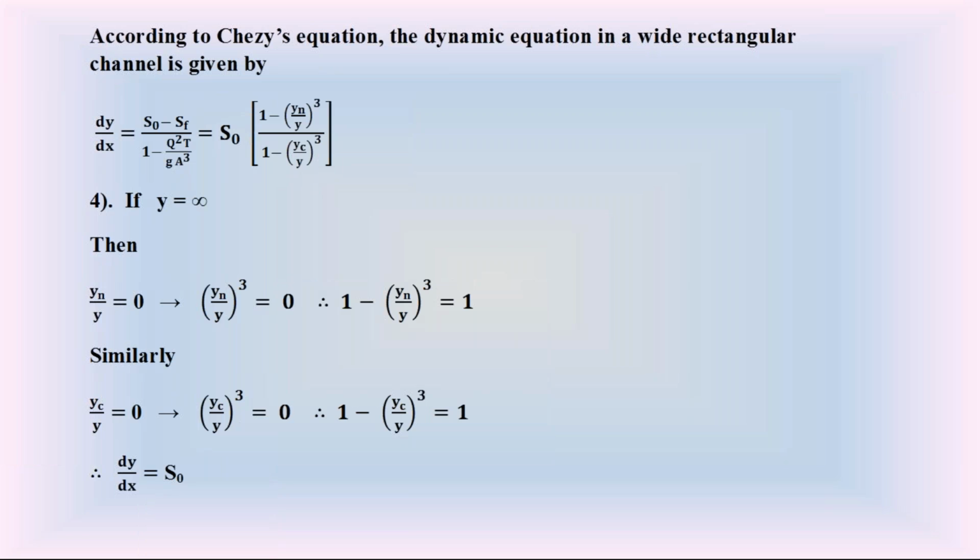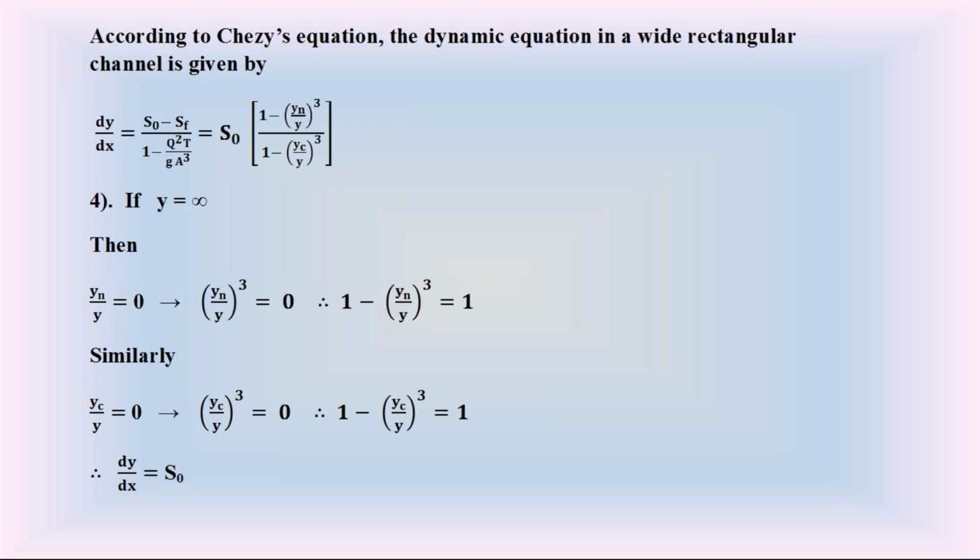Then the fourth condition, y is equal to infinity. So in this discussion of the calculation of dy by dx, we discussed y equal to yn, y equal to yc, y equal to 0, and the fourth one is when the depth of flow is infinity.